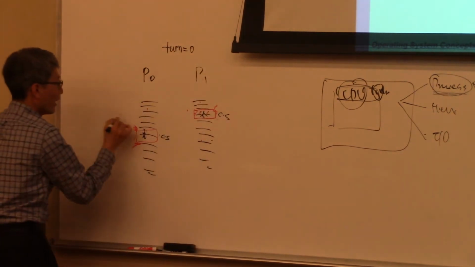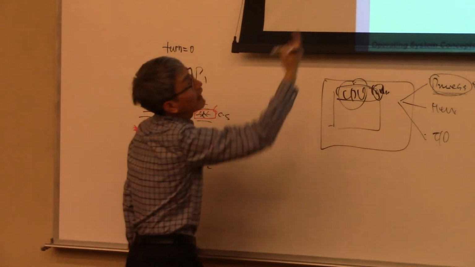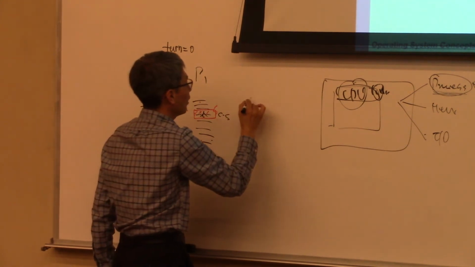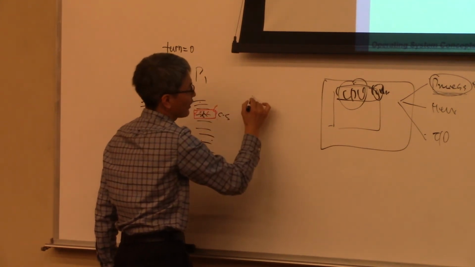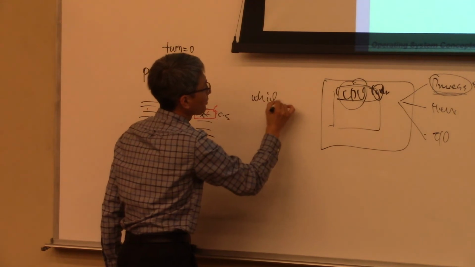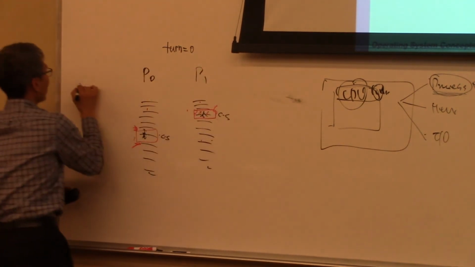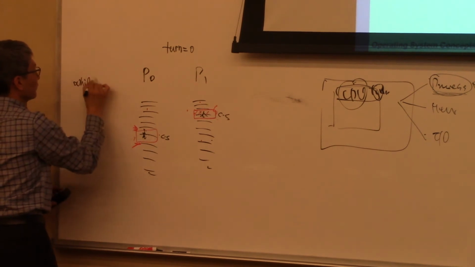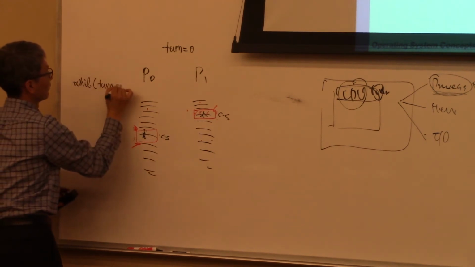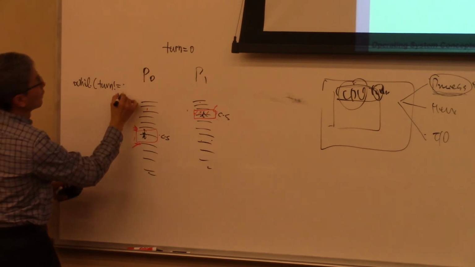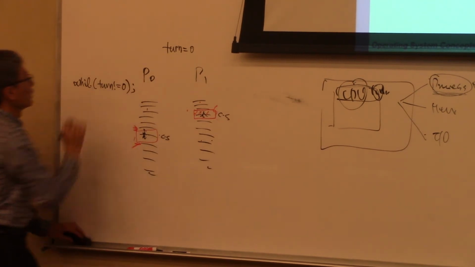So then, the entry section of this critical section model is a while loop. I think I'd better write it here. So what does it mean?